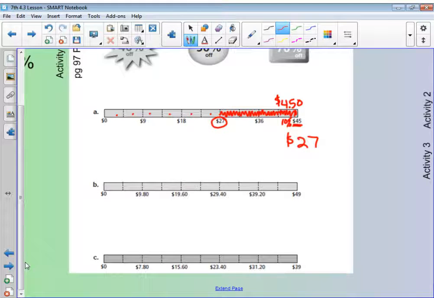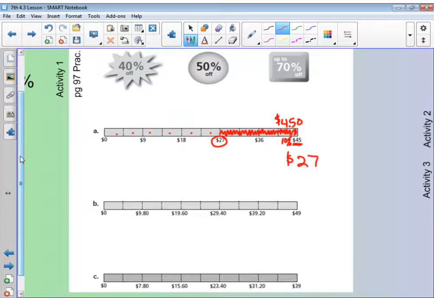Okay, another method that we could use, because I don't think too many of you are going to want to actually draw boxes and split them up into 10 and mark how much each of those boxes is worth. Another method is, when we got 40% off, that was a discount or a decrease.